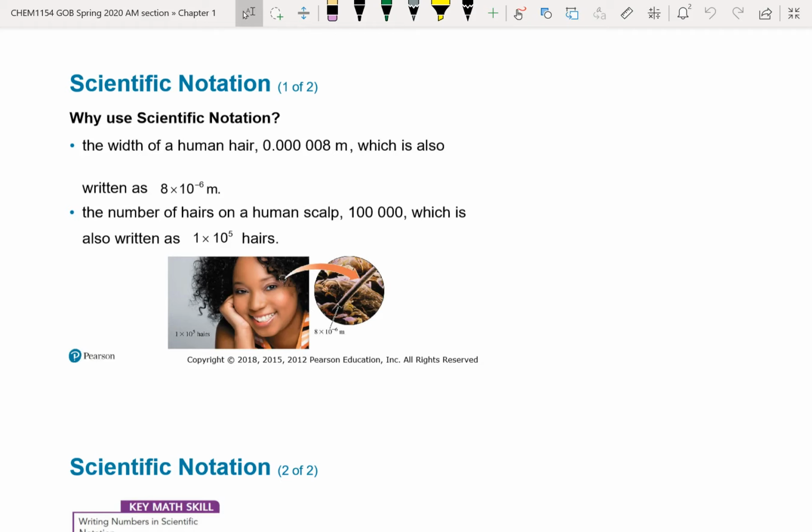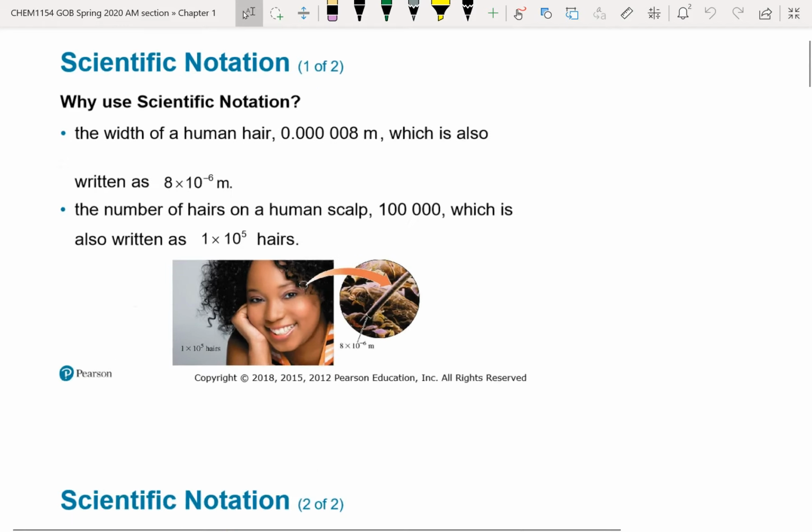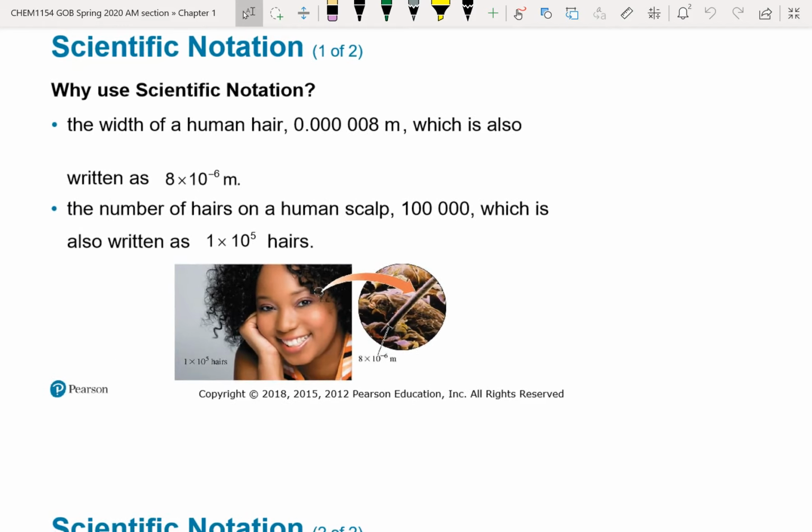Has anybody heard the term scientific or exponential notation before? It's widely used in chemistry, and we use it not just to make your life a living hell, but because it is convenient for us to use.